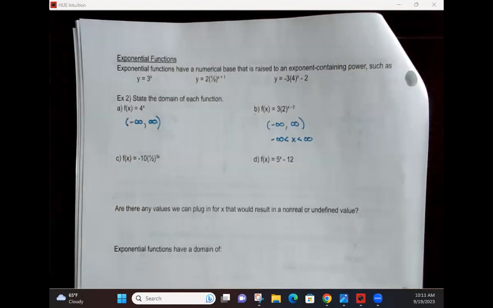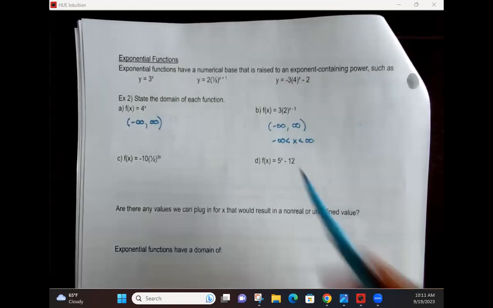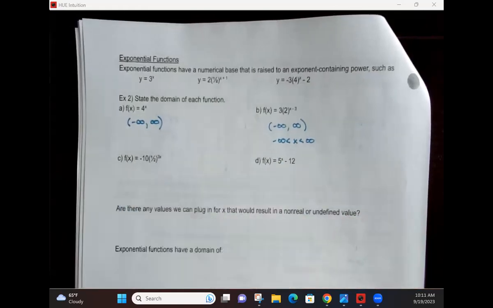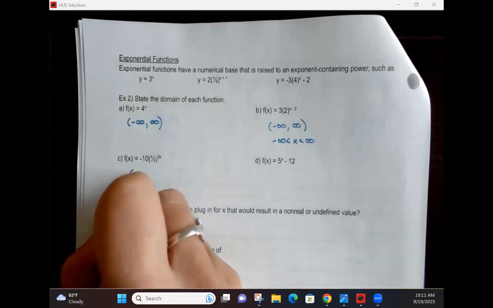How about C or D? What's our domain on C and D? All real numbers again, right? When I'm plugging in values for an exponent, anything's fair game. Any real number is fair game.